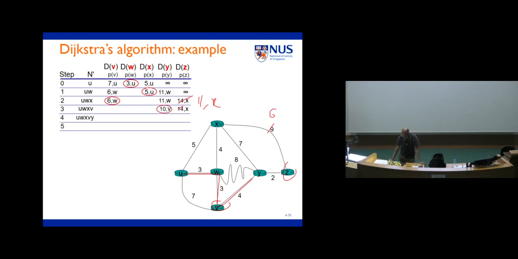Now I will pick V and put it here. I'm sorry, Y, and now Y will be added. So let's see now. Now the cost of going to Y is 10. And then there is link 2. 10 plus 2 is 12.